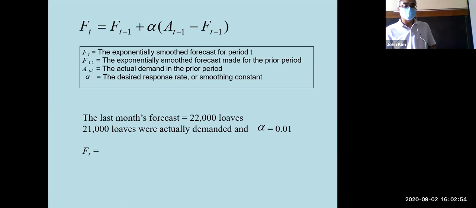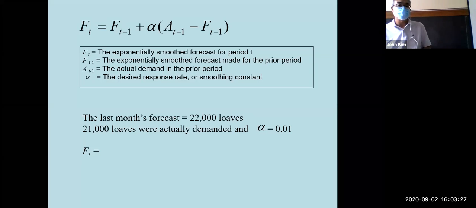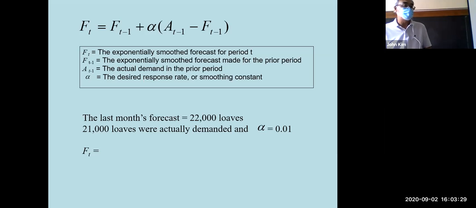If we want to forecast for some term t, F_t equals F_(t-1), the forecast one term earlier, plus alpha, the smoothing constant, times (A_(t-1) minus F_(t-1)).